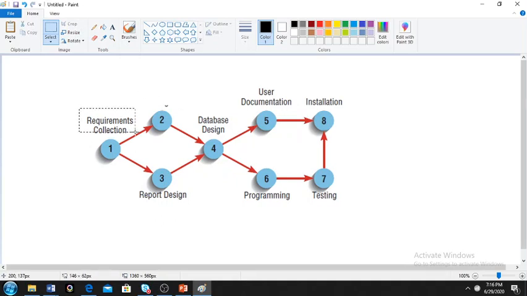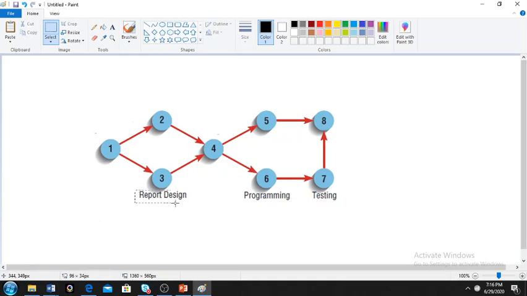So here we have two different methods. We have the CPM, which uses only the realistic, what you believe, without including uncertainty.